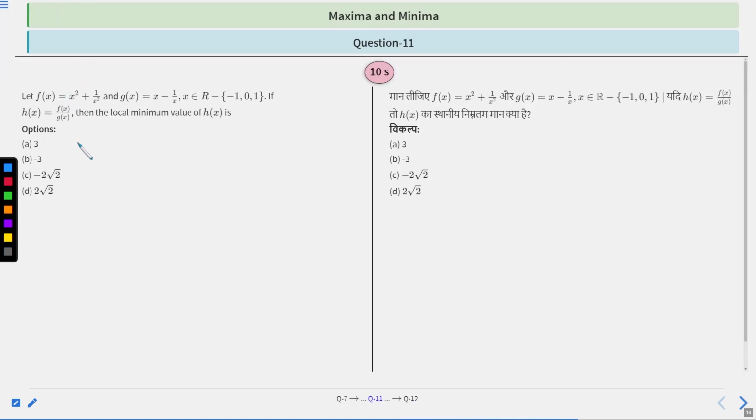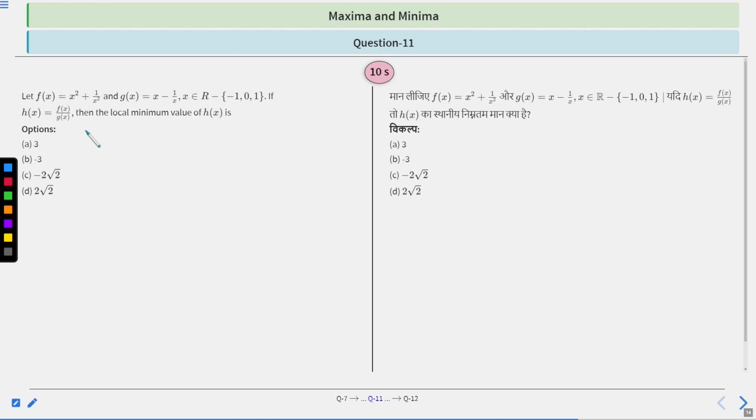Let's move to the next question, question number 11, which says let f(x) is equal to x square plus 1 by x square and g(x) is equal to x minus 1 by x, when x belongs to real except -1, 0, 1. If h(x) is equal to f(x) upon g(x), then the local minimum value of h(x) is.